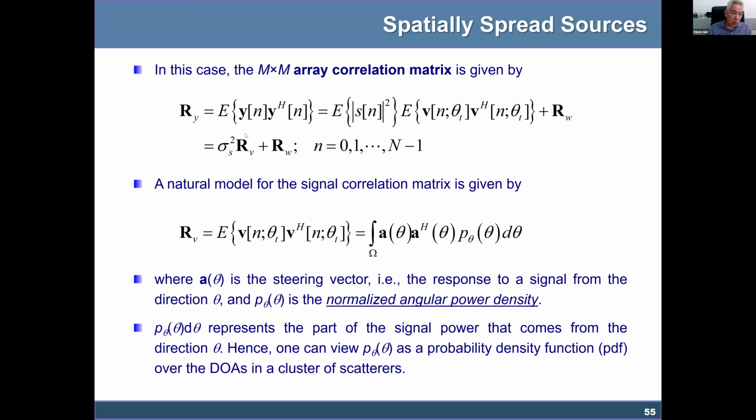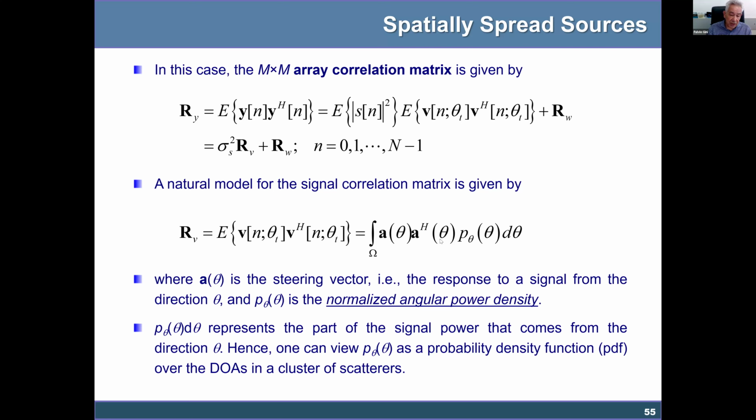Now, what is the model most widely assumed for the spatial correlation matrix is the following. a a Hermitian is the correlation matrix that we would have in the ideal condition, so if you have a point-like target coming from angle theta, and we have only one.